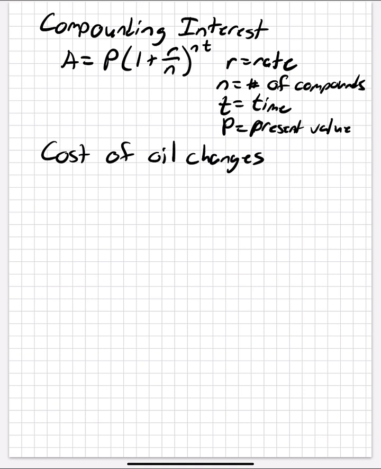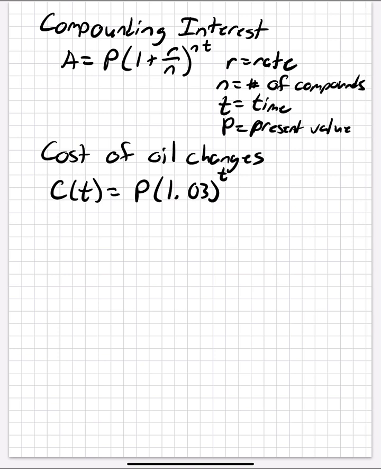The cost of oil changes can be represented by the present cost times 1.03 to the t. I could tell you, if I know a present cost of oil changes, for any year what the oil change would cost in that year.